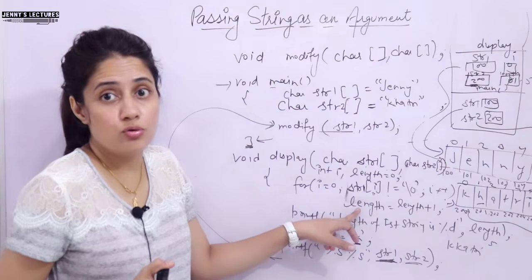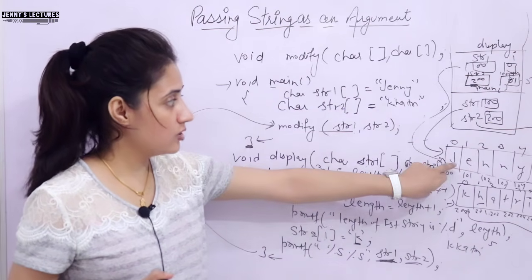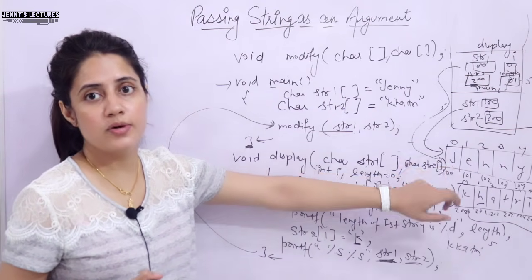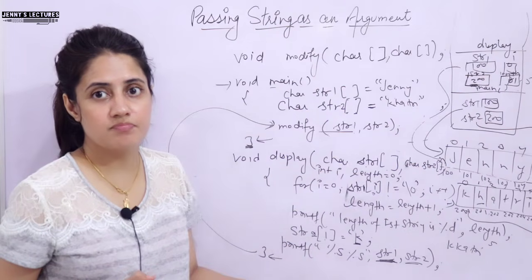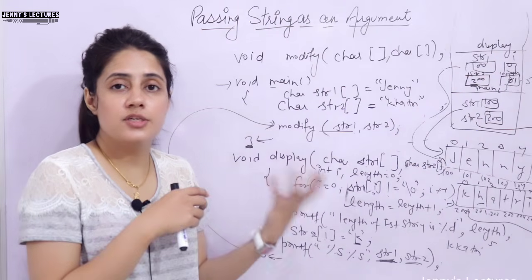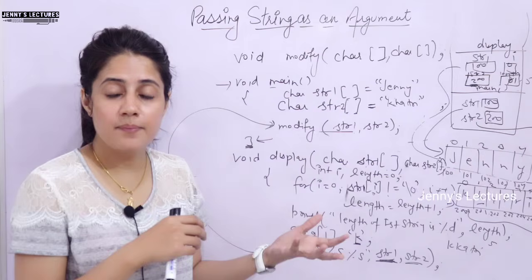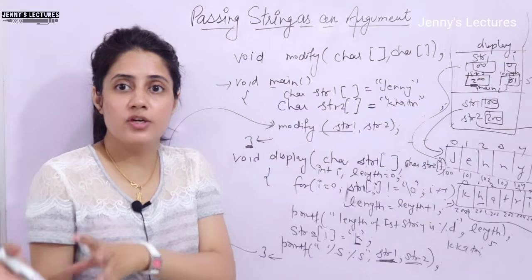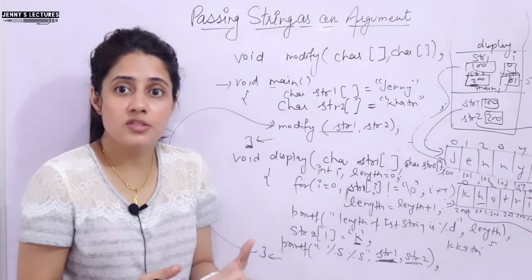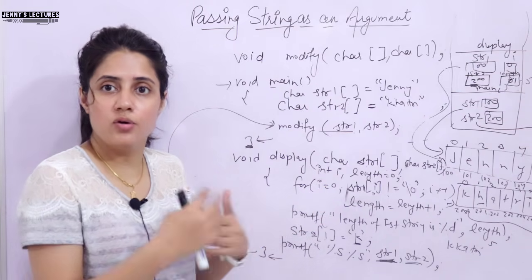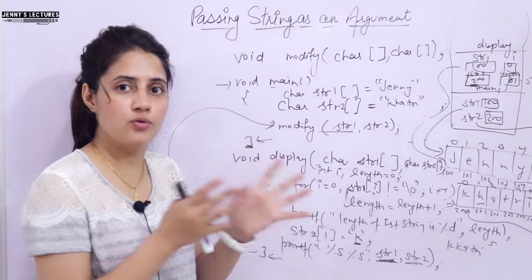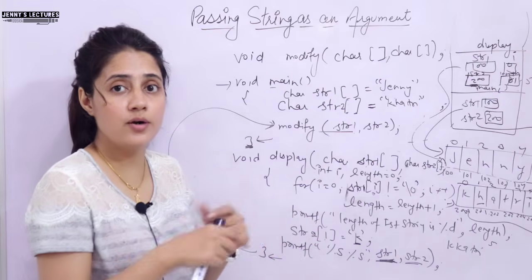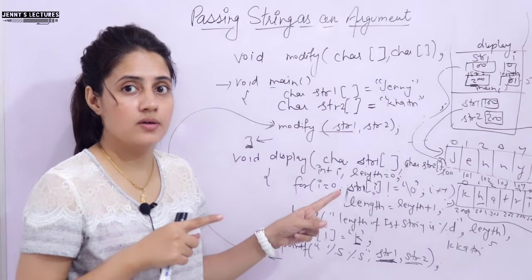You can also convert a string from uppercase to lowercase or lowercase to uppercase. Many types of programs, like string copy or string concatenation, whatever you can do with the predefined string functions, you can also do with a user-defined function. You can define your own function like this and do all those things. Just write your own logic. So you can try out different programs on strings.